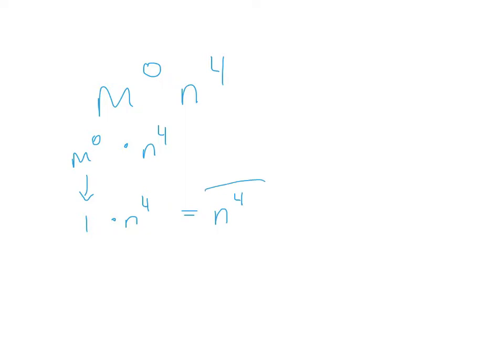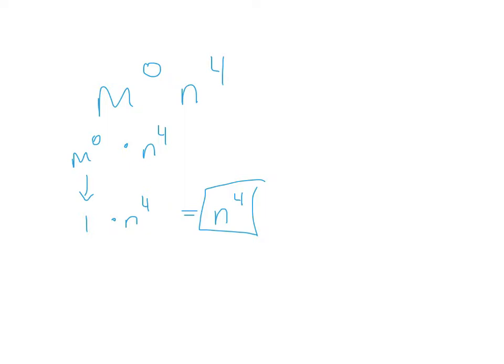Well, if you had a problem that said m to the 0, n to the 4th, and this is one term, that really means m to the 0 times n to the 4th, and if you were to simplify that even further, m to the 0 becomes 1 times n to the 4th, and anything times 1 is just itself, so I could rewrite that as n to the 4th. And there you go. That would be the simplified version of that.